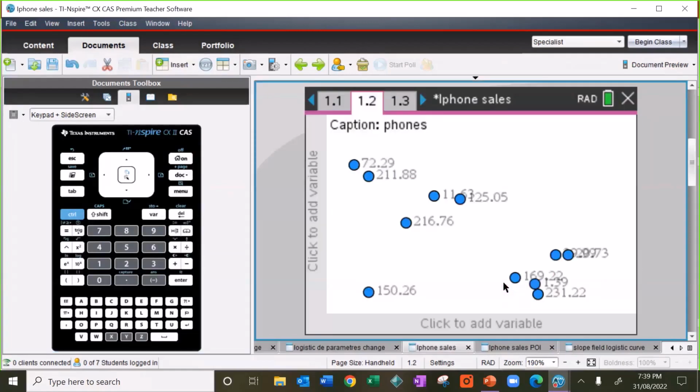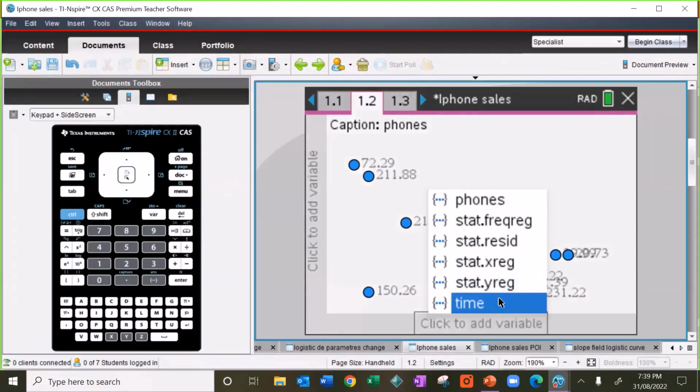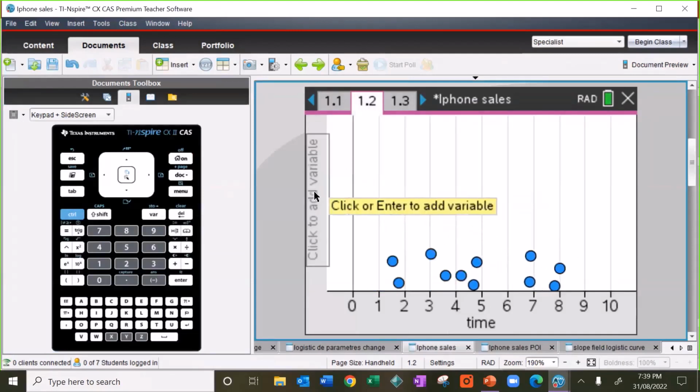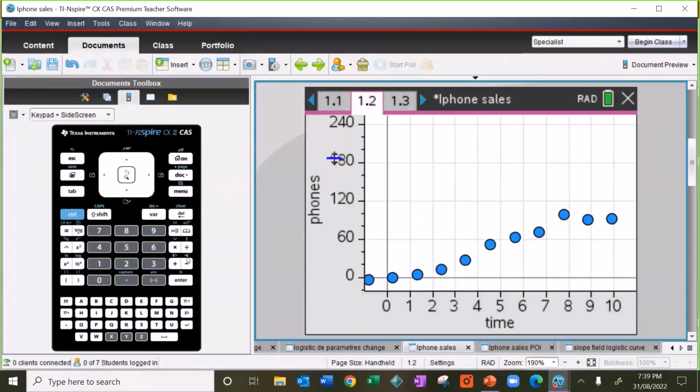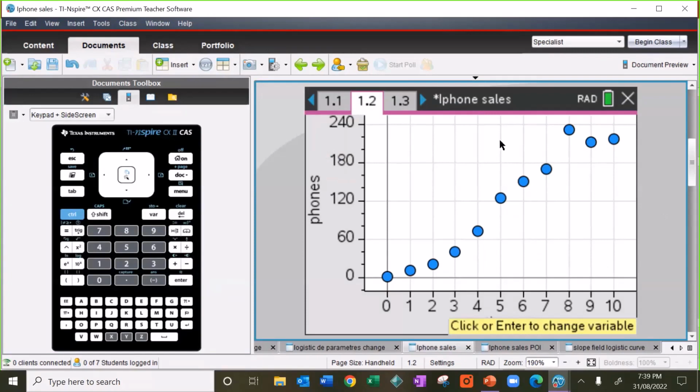We can get our purple graph, and if we go time here and phones, now we can see that the curve has a bit more of an S shape. There is one point which is a bit off. It could be a good discussion looking at which year it was and why this point would be off.